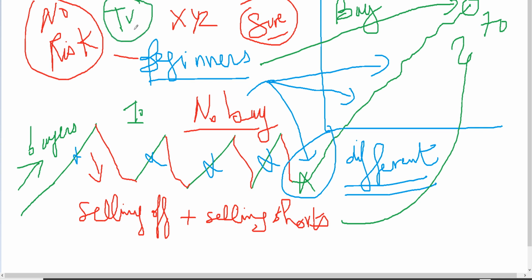This is the problem. Because TV shows you only when the trend ends, because they will ask you to buy because of this performance. Now, why do they ask you to buy? They ask you to buy because there are mutual funds and hedge funds, they are selling.